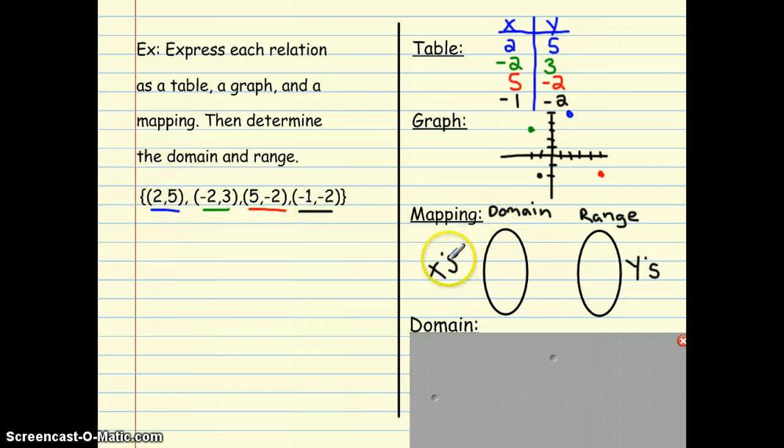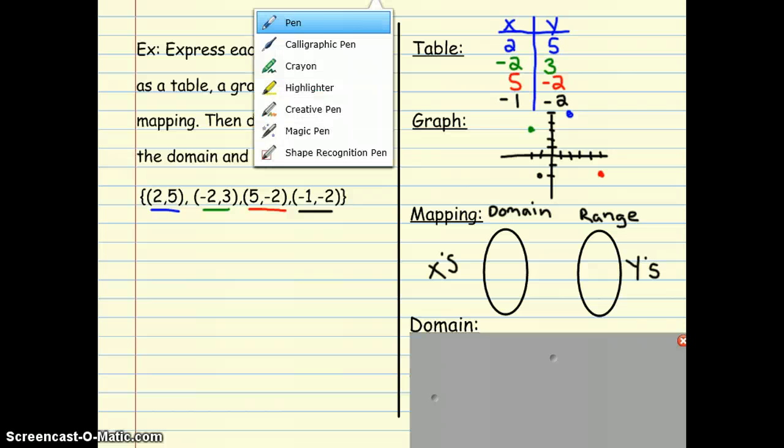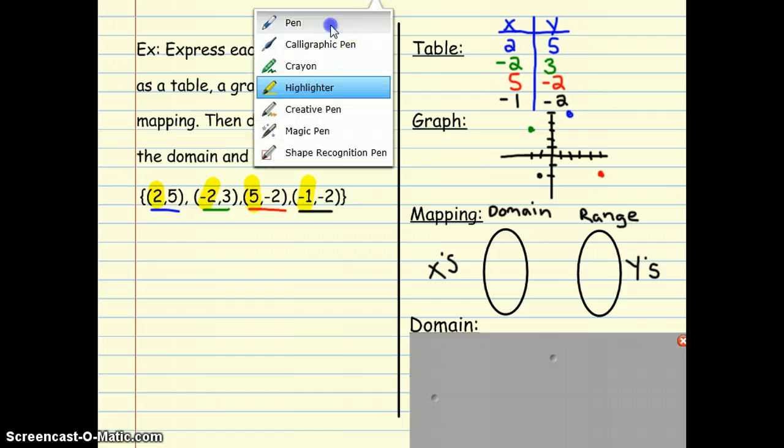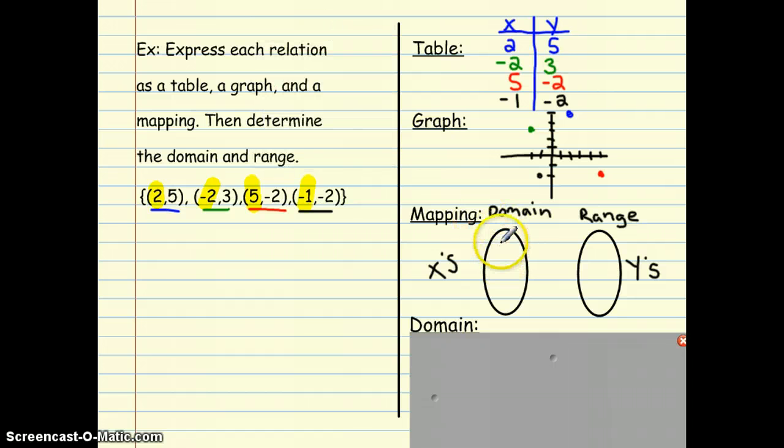And our domain has the x values 2, -2, 5, and -1. So we are going to put those on the domain side. So 2, -2, 5, -1.